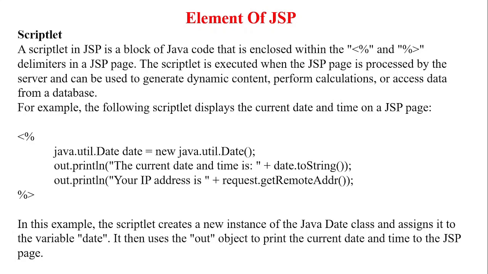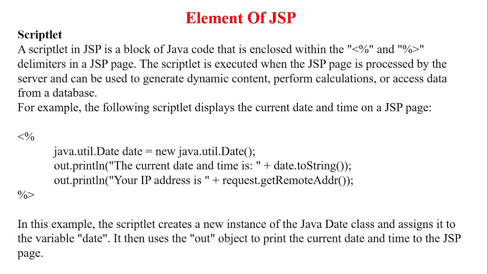Here is one example. In this example I'm using a scriptlet tag, and this scriptlet tag creates a java.util.Date class object. We initialize the Date class, so an object is created, and by using this object I print the date of the system. So date dot toString, because the object type is Date and we want to print a string, so we typecast here.